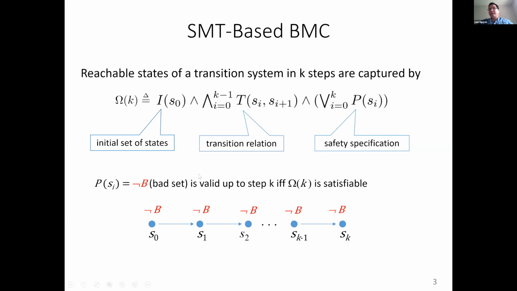If we define the safety specification as the negation of some formula phi, we say it is violated up to some step k if the query is satisfiable. In general, when checking using the SMT solver, we substitute the safety specification with phi, and check up to step k whether the query is unsatisfiable, that is, whether we receive an unsat result from the SMT solver.